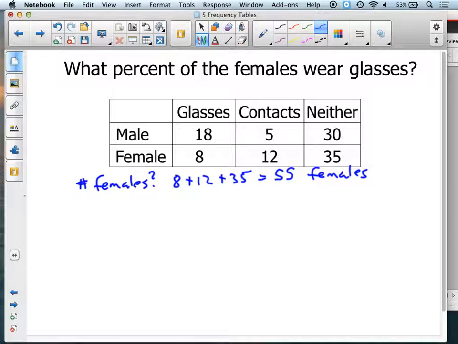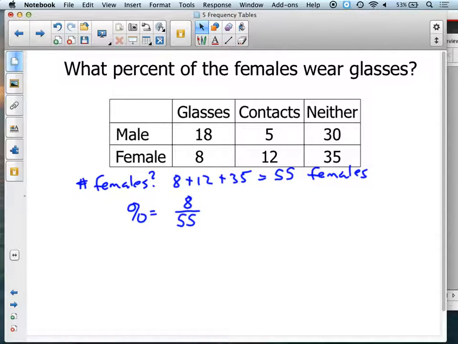So now, what percent of the females wear glasses? To figure out that percentage, we want to divide how many females wear glasses, which is 8, out of how many altogether? 8 out of 55. So let's go to our calculator and figure that out.